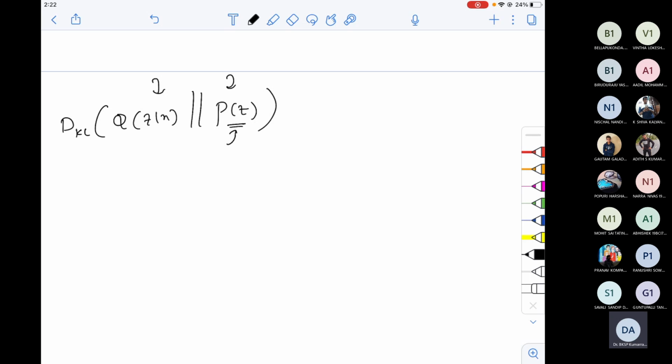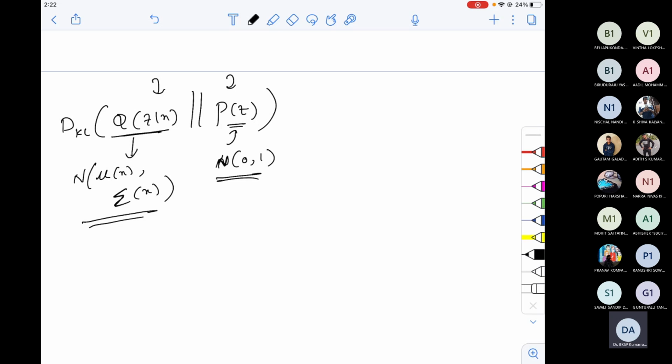Okay, now this is the main theme, perfectly fine. Now, what is this? This is the standard normal distribution with zero mean and variance 1. And I also told you this we assume as a Gaussian distribution, not a standard normal distribution, with some mu of x and covariance of x. This is the covariance symbol. This is the standard normal distribution and this is a normal Gaussian distribution, not a standard one.